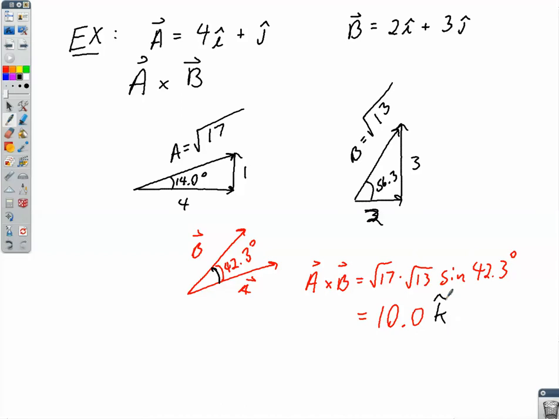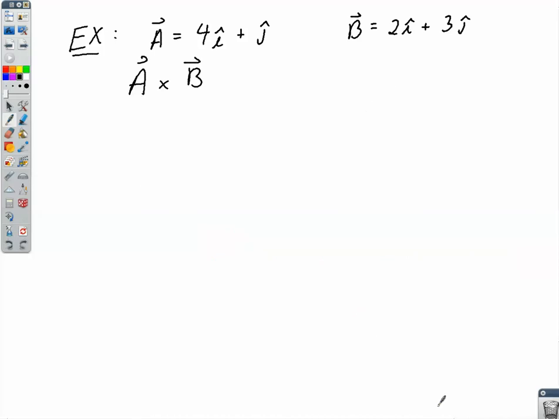Now let's take a look at how we would find this using the component form. So here we're going to use a kind of FOIL. We've got 4i plus j, and we're going to multiply that by 2i plus 3j. And just like when we FOIL binomials, we've got to do every term.